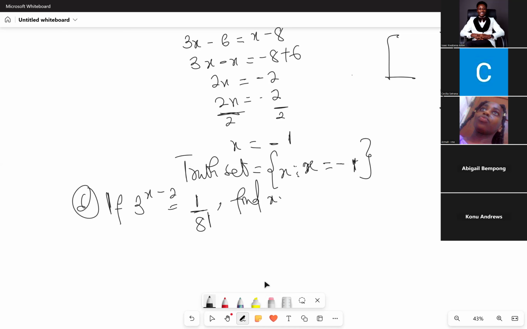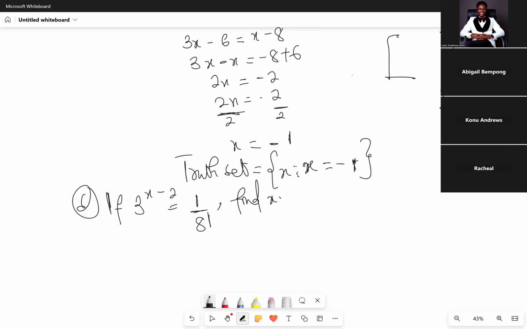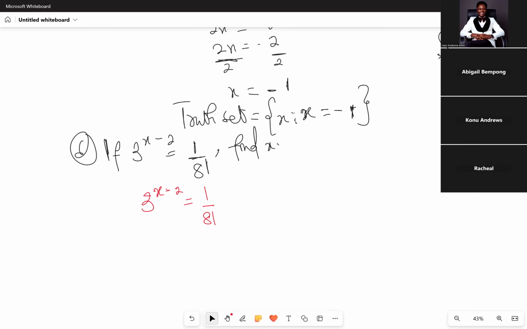Tell me how you did that. 3 exponent x minus 2 equals 1/81. And 81 is 3 exponent 4. So 3 exponent x minus 2 equals 1/3 exponent 4.